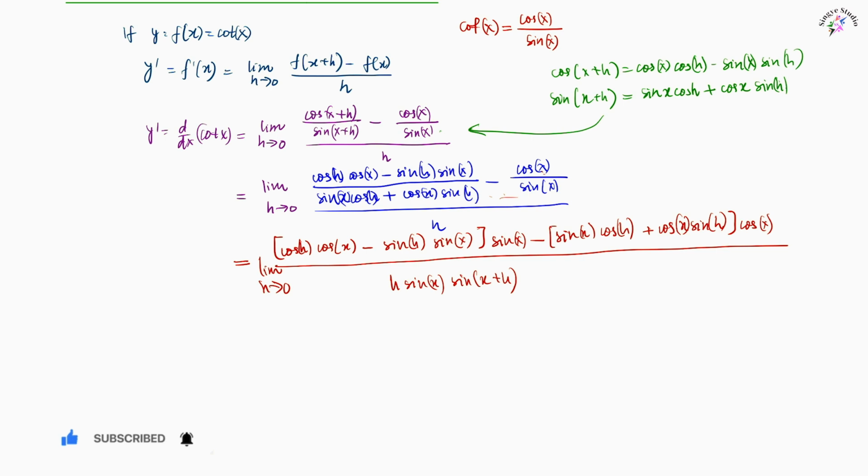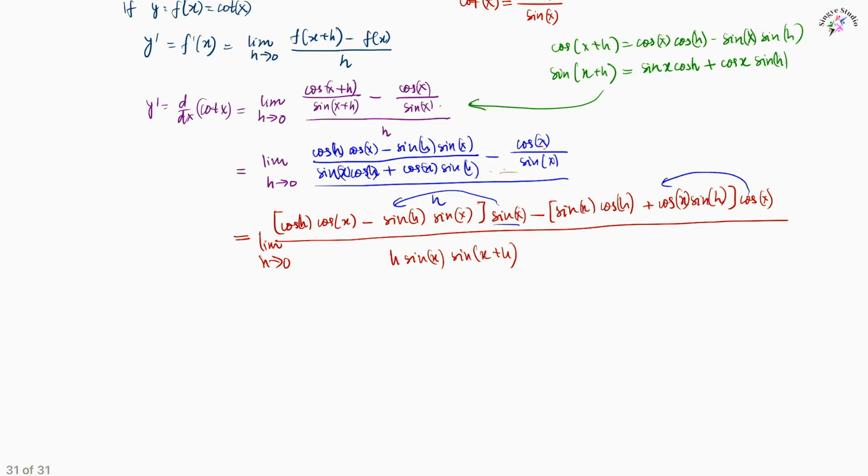Now what we will do is multiply this sine x to the whole term and cosine x to the whole term, and try to group the like terms and see whether some terms can be cancelled or not.